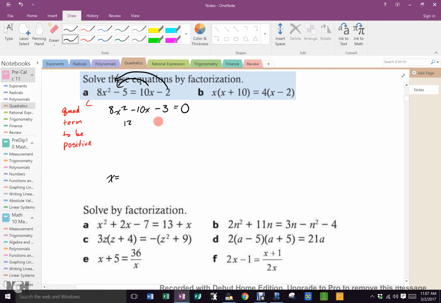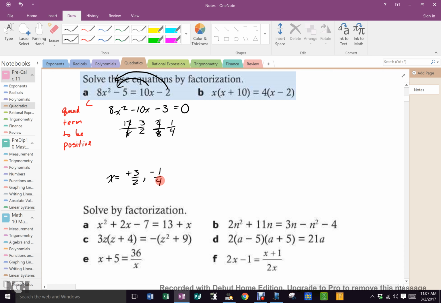It's 12 and 2 over 8. You got to remember to do that, right? Which makes this 1/4. And it makes this 3/2, right? And one of them's positive and one of them's negative. Which is which? Positive 3/2 and negative 1/4.